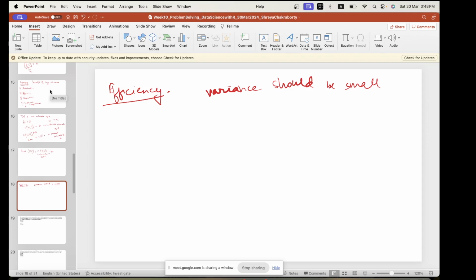If the variance is contained and there is not much spread in your estimator, then we can say that this is a good estimator. It is very close in some sense to the actual value, and the variability is very low.